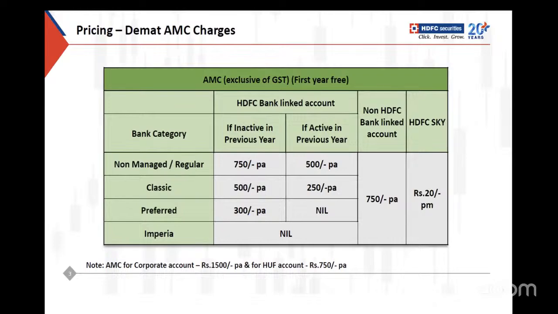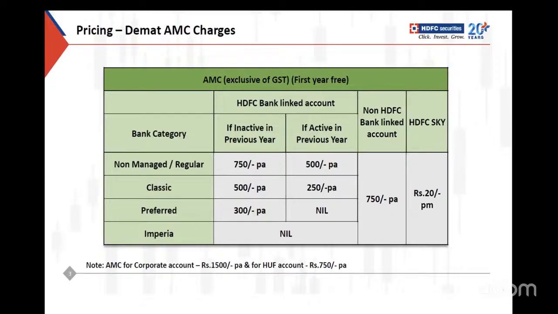If you have an HDFC Bank account linked, the charges differ based on the category. If you don't have an HDFC Bank account linked, the AMC charge is a flat 750 rupees per annum. And if you've opened the account in HDFC Sky, then it is 20 per month. Again, even there, the first year AMC is free.